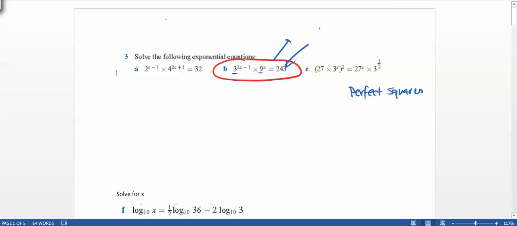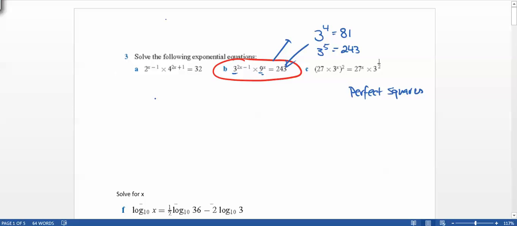As it turns out, I know that 3 to the power of 4 is equal to 81, and 3 to the power of 5, therefore, is equal to 243. You may not realise that, but by having a look at these powers, it usually gives you the hint that we're looking at 3 anyway. Otherwise, it's going to be pretty hard to simplify. So let's start with this question.